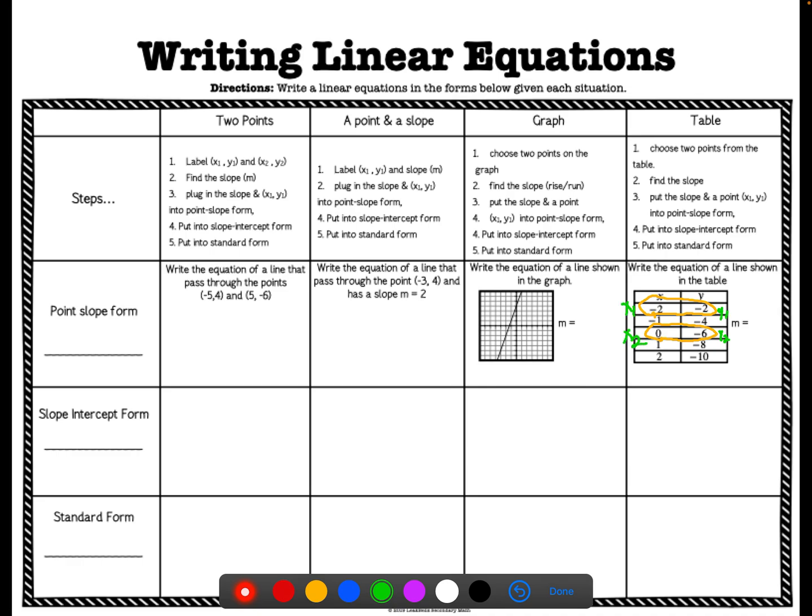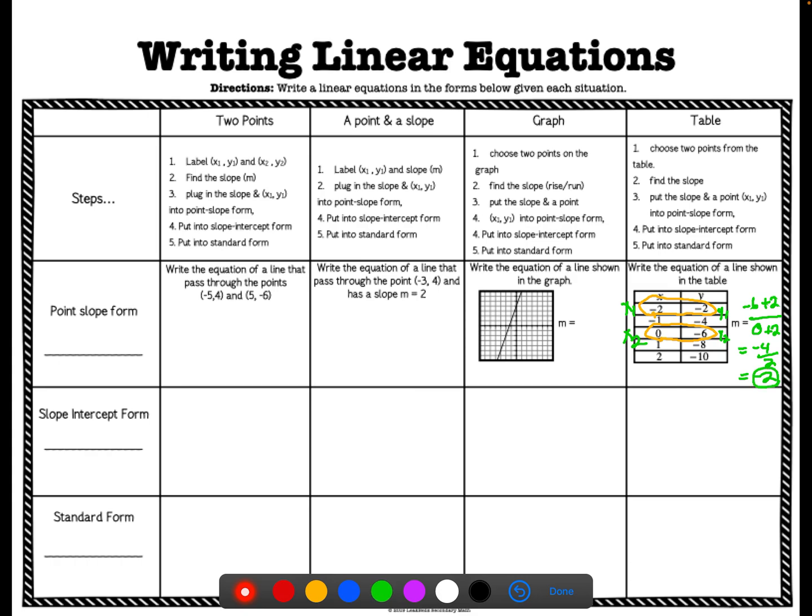And we say -6 plus 2. Why is it plus 2? Because minus -2 just means plus 2. Over x2, which is 0, minus x1, which is plus 2. So this is -4 over 2, which is -2, the slope.